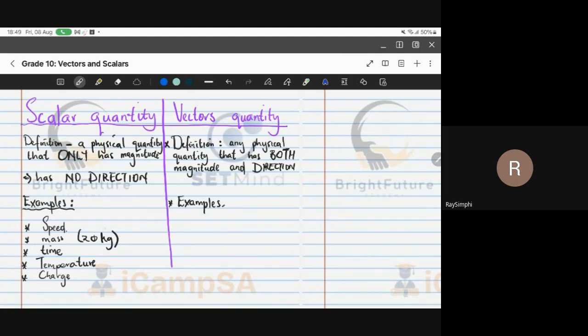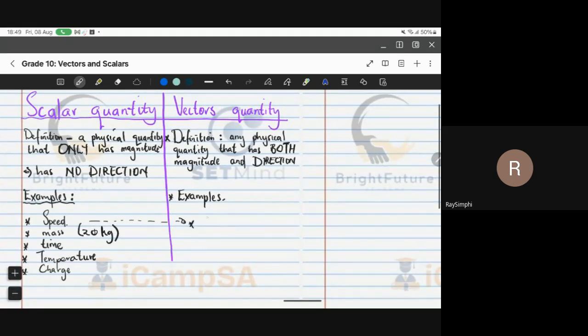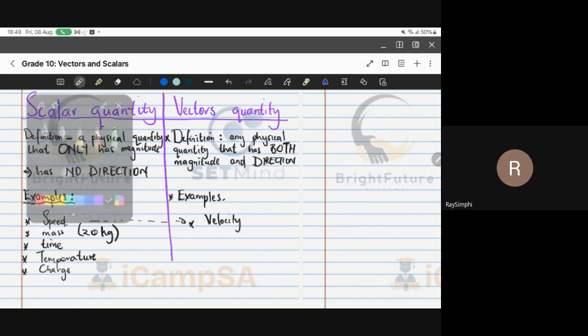Since we've already mentioned speed here, let me just do an example that can match that. So velocity. Velocity, right? How does it have direction? Usually when you specify velocity, you would say something like 20 meters per second east.